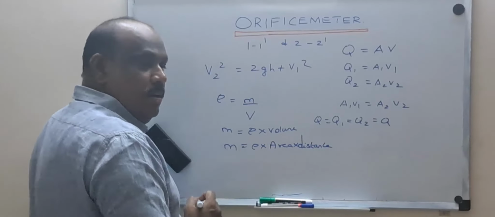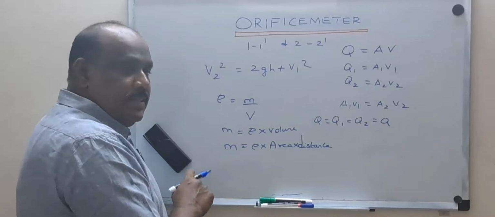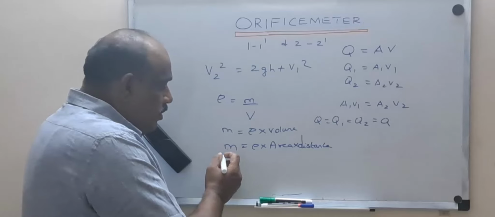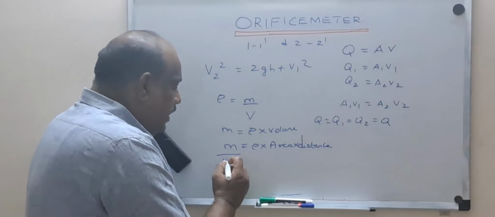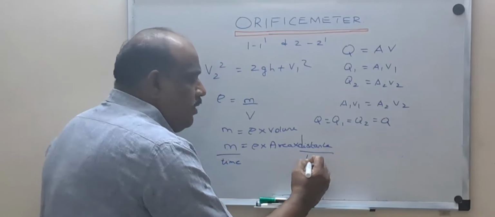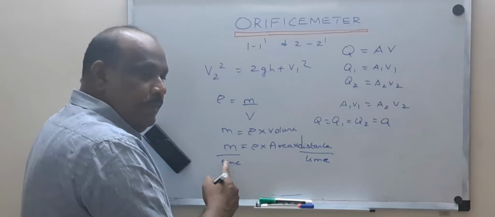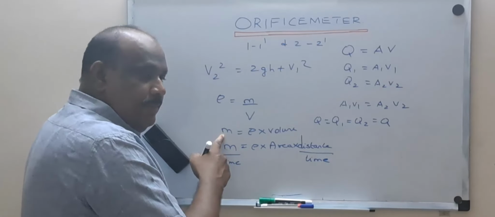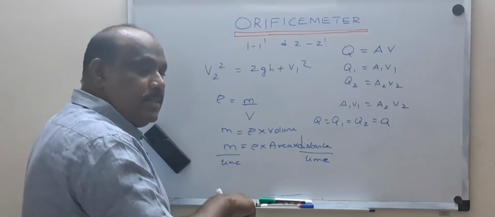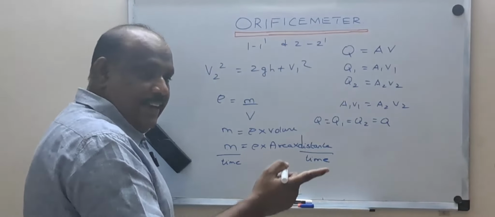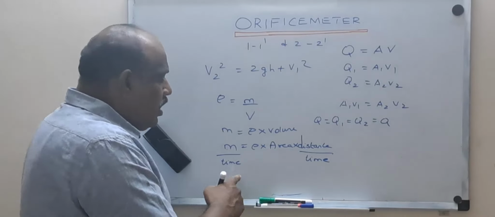This is mass. I want to divide both sides by time. Distance by time will become velocity. Mass divided by time has the unit kg per second, so it's not called mass now. It's called mass flow rate. Anything divided by time is called a rate.